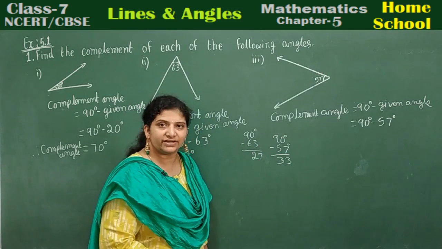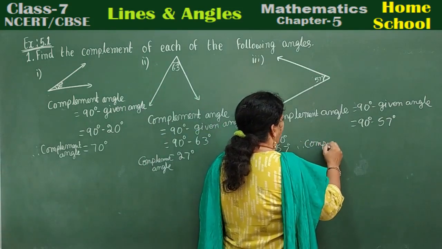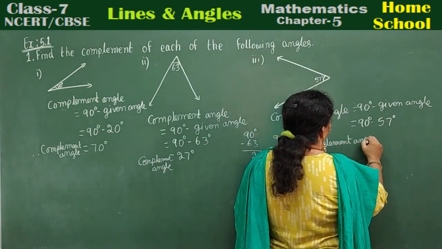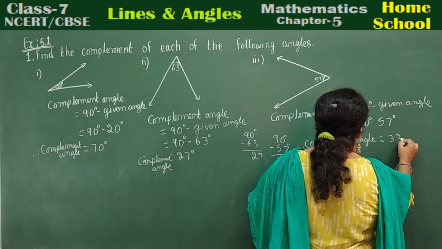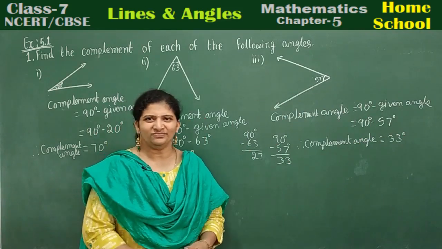That is 33 degree. Therefore, complement angle of 57 degree is equal to 33 degree. That's it. This is very easy now.